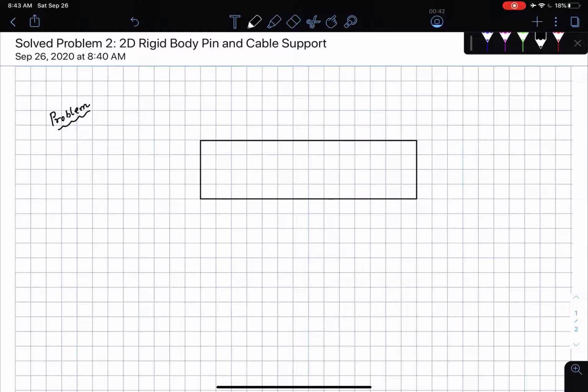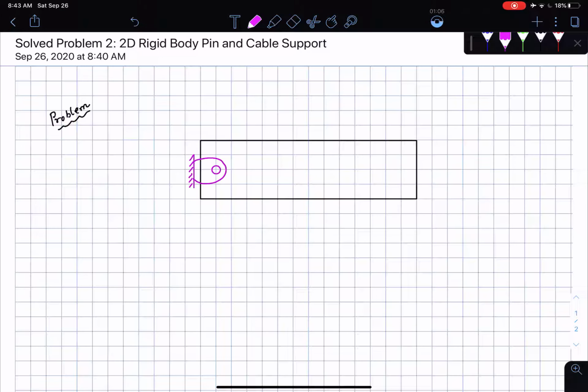I have a pin support, which means that there is a small hole that was drilled in there, and through that hole there is a pin that is passing through, and that is attached to the wall here. So this is an example of a pin support. Let me draw this as a straight line. A common example of a pin support is your arm.